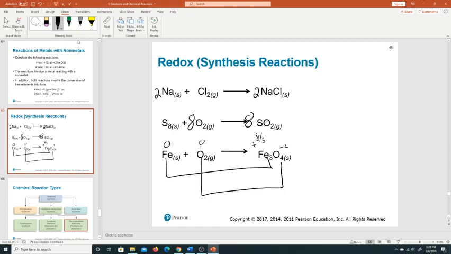Oxygen is acquiring electrons. That is reduction. Iron is going from 0 to a positive oxidation state. If it goes from 0 to something positive, it is oxidation. Oxidation is loss of electrons. The species undergoing oxidation, since iron is being oxidized, iron is the reducing agent.